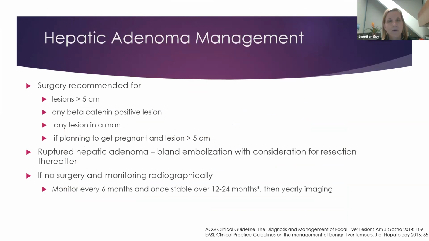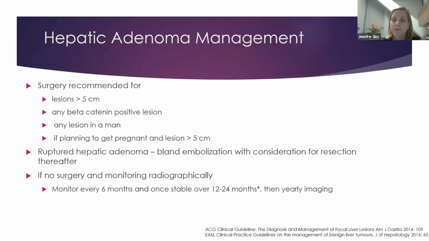And then after that, there's always a bit of a nuanced discussion about, do we resect? Do we wait and see what happens with the adenoma? And then once the subcapsular hematoma gets better, the lesion could possibly shrink and go away if they stop the birth control and they've been embolized. So there's a bit more nuance there.